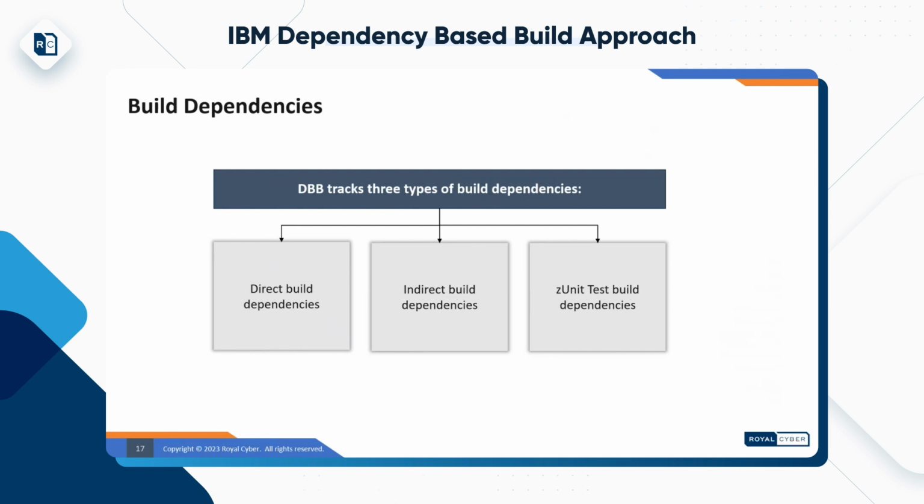So when I want to unit test, I need to incorporate my test program and the playback data file to do the automated testing. So the zUnit test build dependency gets invoked during your automated testing phase. So you have 3 types of dependency builds.